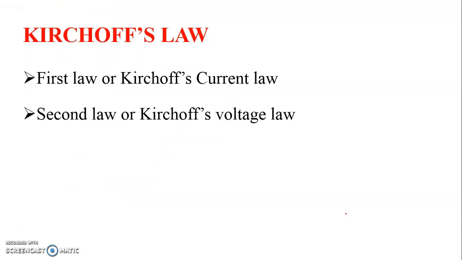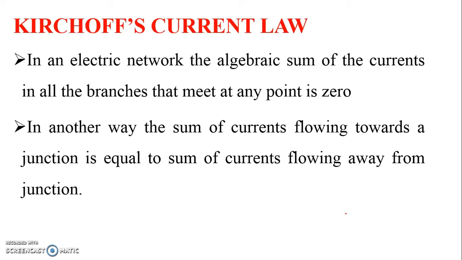Next is the second basic law, the Kirchhoff law. Kirchhoff's laws are classified into the first law, Kirchhoff's current law, and the second law, Kirchhoff's voltage law. The first law is Kirchhoff's current law.